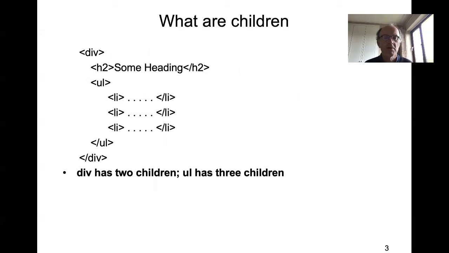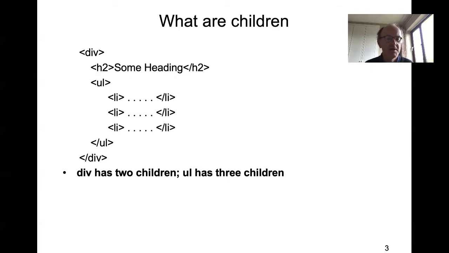Now, before I talk about those patterns, though, I want to go off on a tangent and define what I mean by children here. So what you're looking at here is just some ordinary HTML. And we could describe the HTML by saying that my div element has two children, an H2 header element and a UL element.